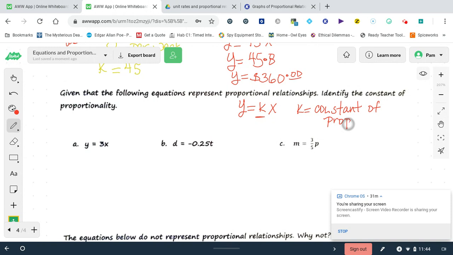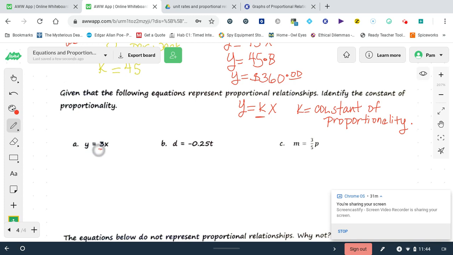You may not have an x all the time, but the variable that's by itself is like your y. The other one is your x.